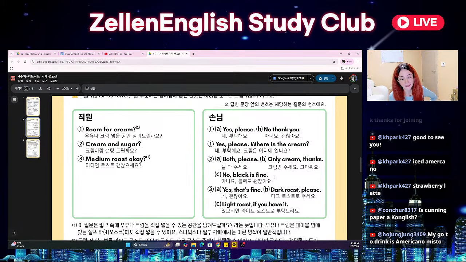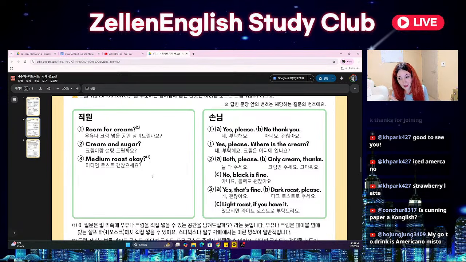Black is fine. That applies to both hot drinks and cold drinks. If you get an iced Americano or an iced coffee and you don't want anything in it, you can just say black coffee. Nothing's in it. And here's another one. Regular drip coffee in the US is dark roast, medium roast, or light roast.